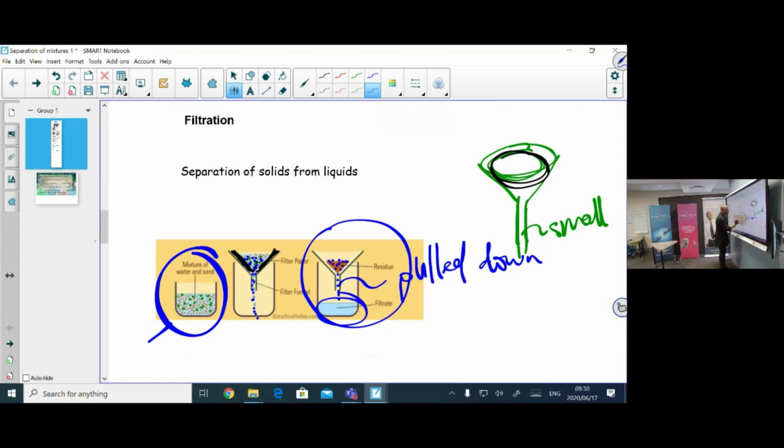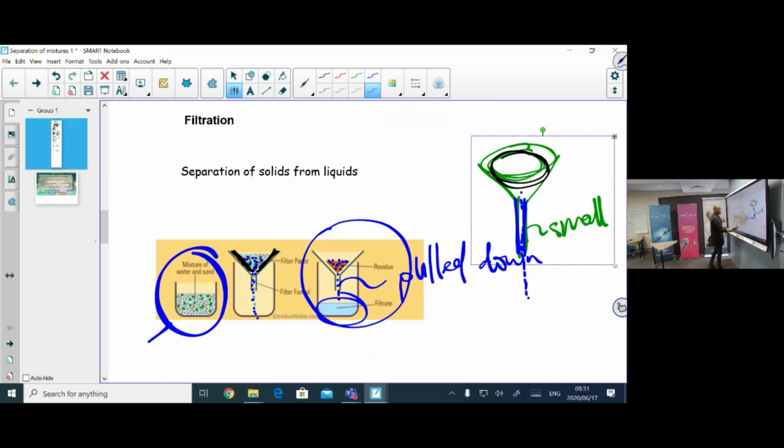Your funnel needs to be very small, as we discussed. Why is that? Such that the solids can stay up whilst your water drips through, right? And this is one way you can separate liquids from solids.